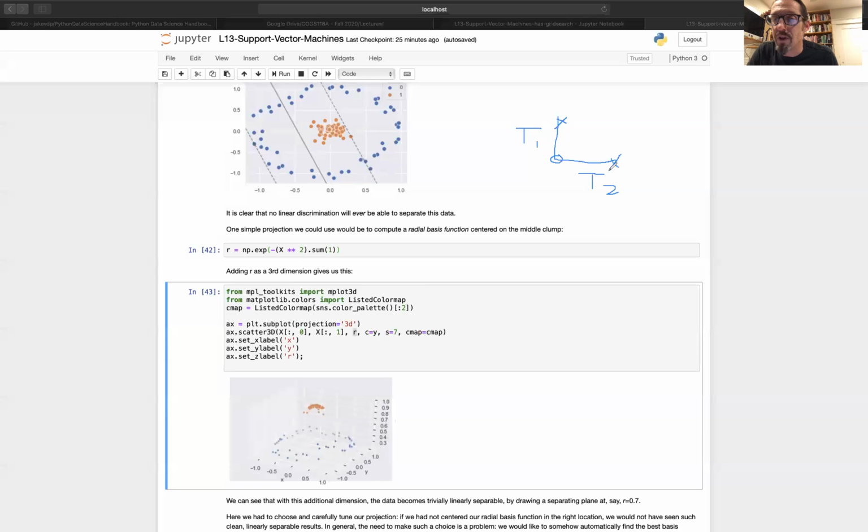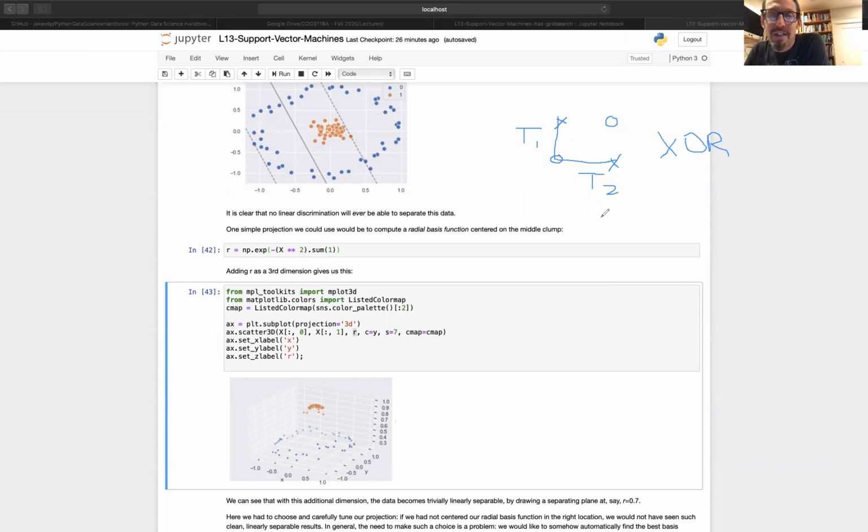If both of them are true, that's not true. An exclusive OR says it has to be an OR, but just one of them. This or that, but not both. So this is the classic not linearly separable problem, the thing that brought down the perceptron.